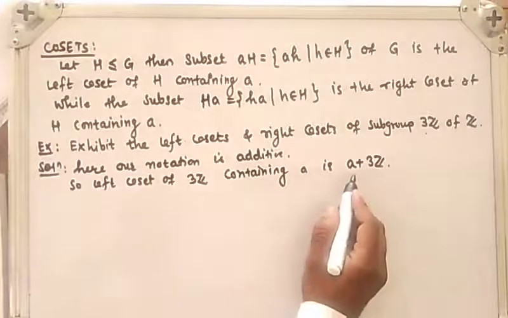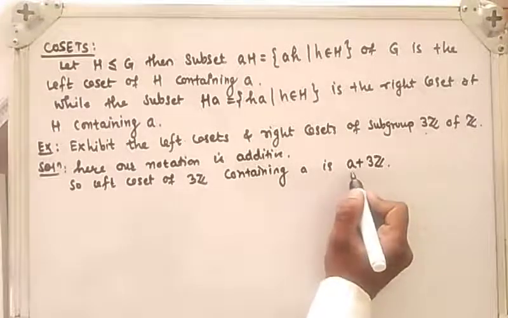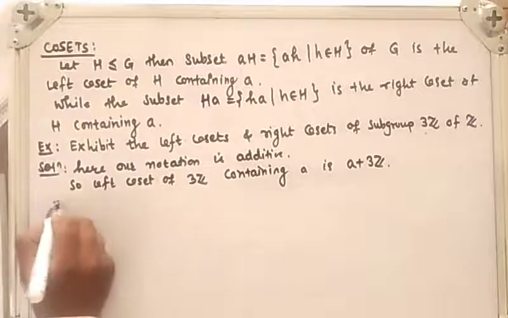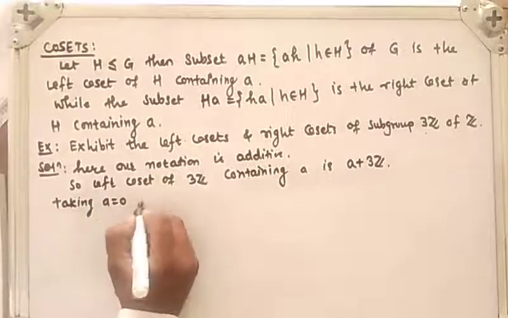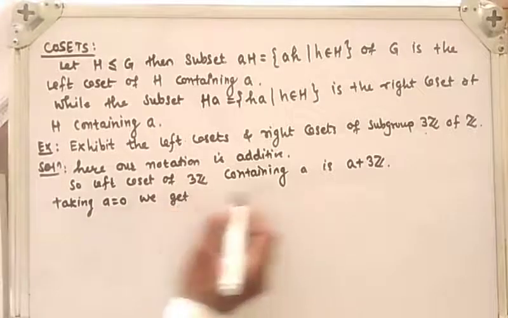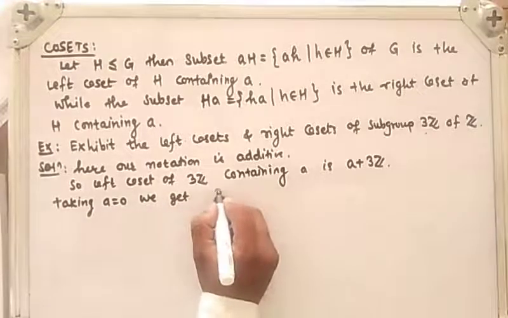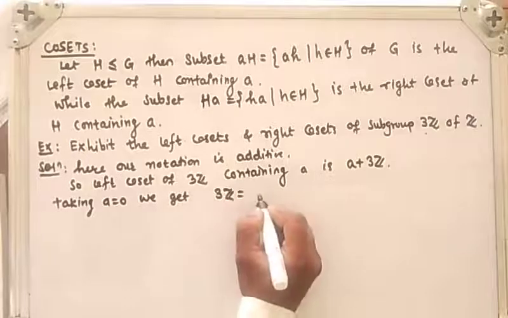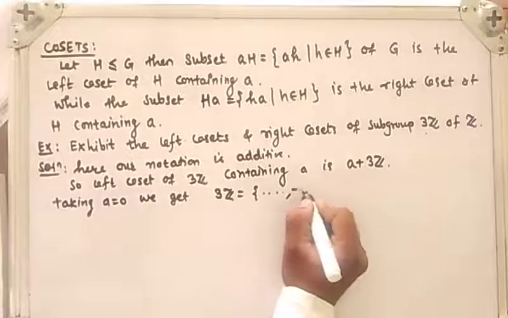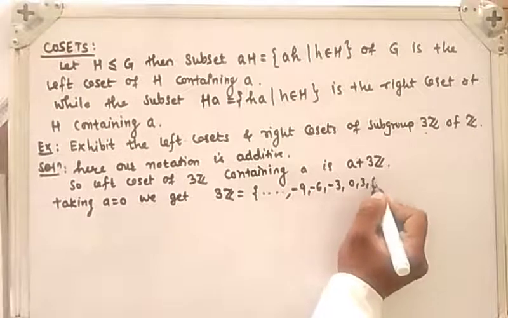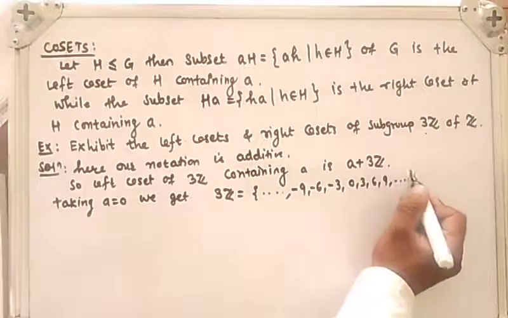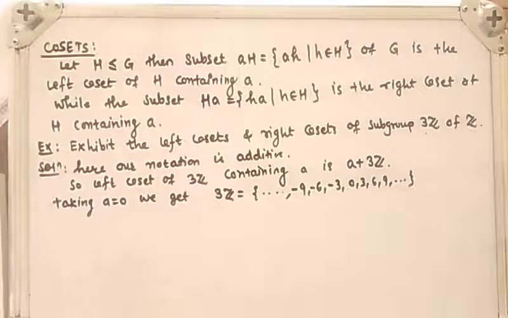Now here we will start from a equal to 0. Then what will we get? Taking a equal to 0, we get directly 3Z. So 3Z has elements of the form minus 9, minus 6, minus 3, 0, 3, 6, 9 and so on. So which is 3Z.